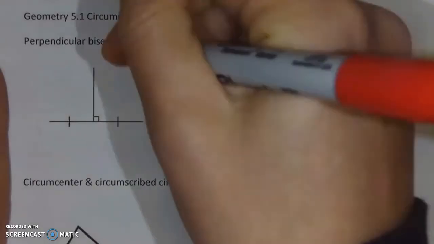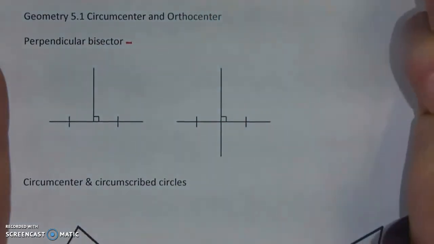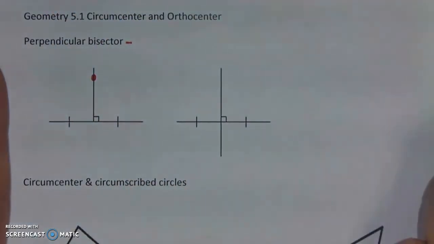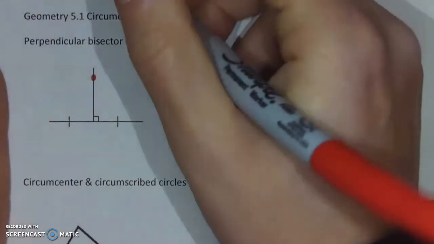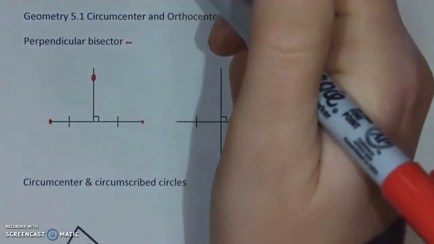But today what we're going to learn is one other smaller fact about it that turns out to be quite important. And that is that any point on the perpendicular bisector is equal distance from the endpoints of the segment it bisects.